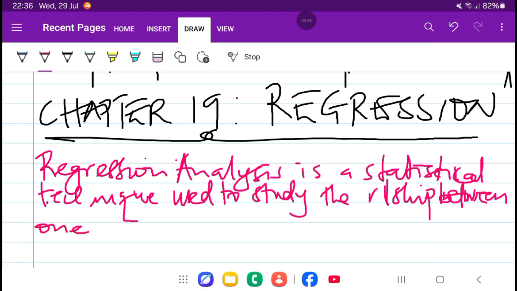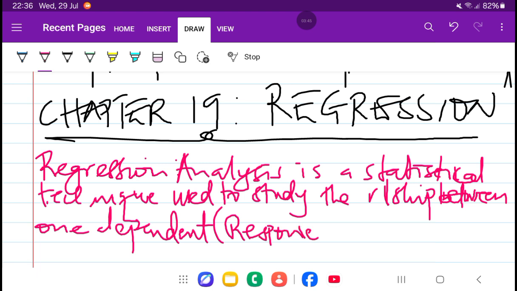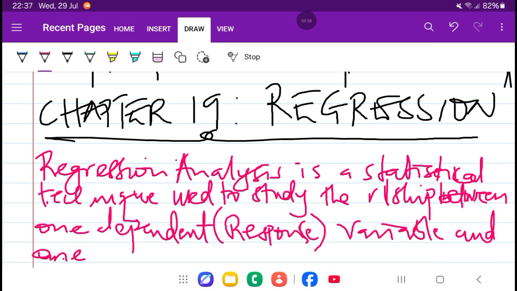one dependent or what we call response variable, one dependent or response variable, and one or more independent variables.